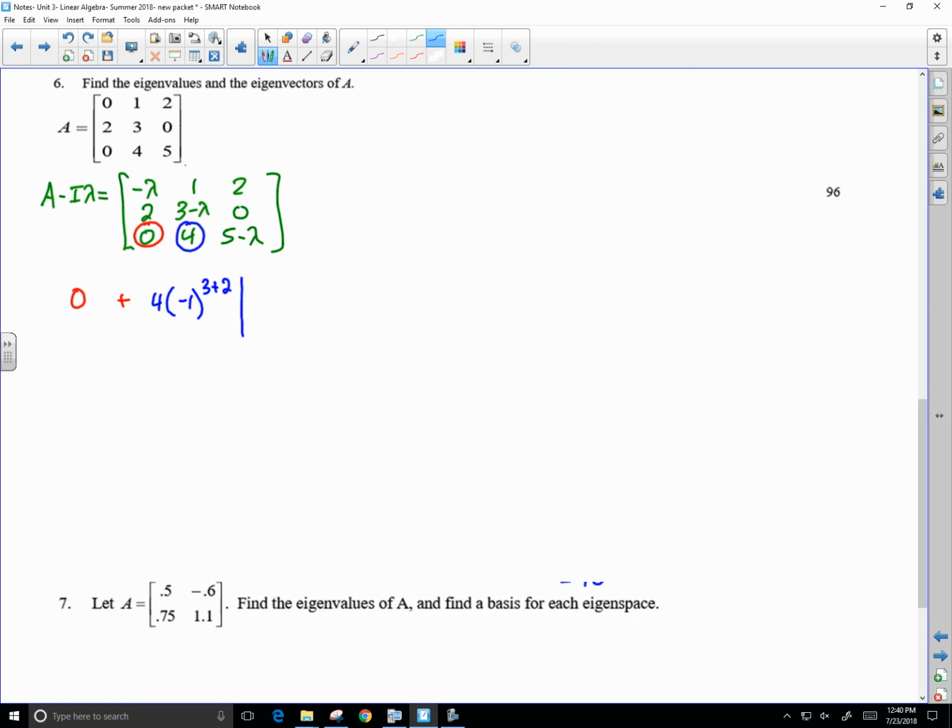The matrix that results is negative lambda, 2, 2, 0. And then plus 5 minus lambda, negative 1 to the 3 plus 3, negative lambda 1, 2, 3 minus lambda.